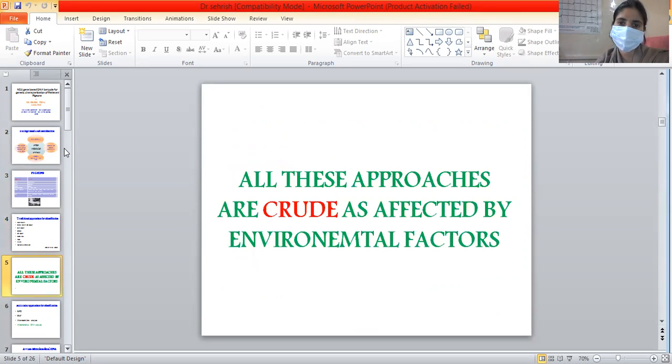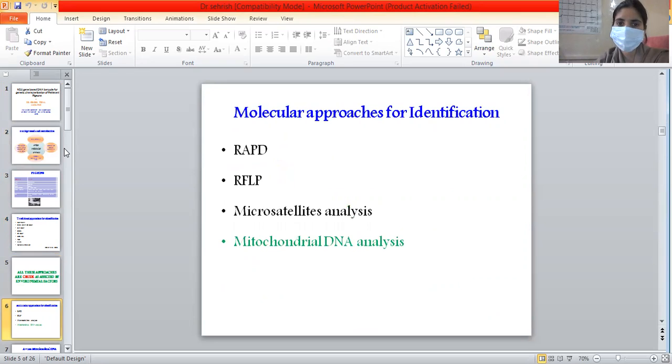But all these methods can be affected by some other factors as well, so all these methods are crude ones. That's why geneticists and biotechnologists are in search of the development of such authentic genetic markers, by using which we can well identify the bird species.